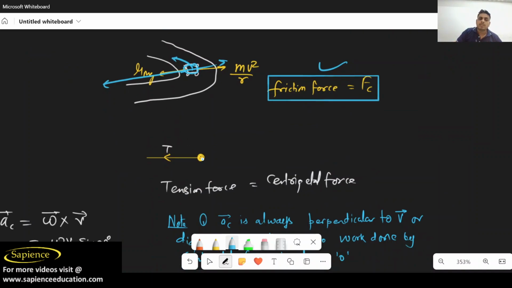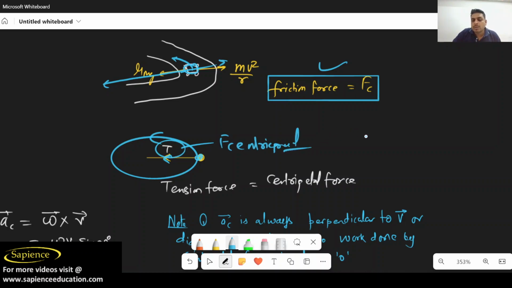If you take a string tied with a stone and move it in circular motion, the tension towards the center will act as the centripetal force. Every time you need to understand that for any circular motion we require a centripetal force which must act toward the center.